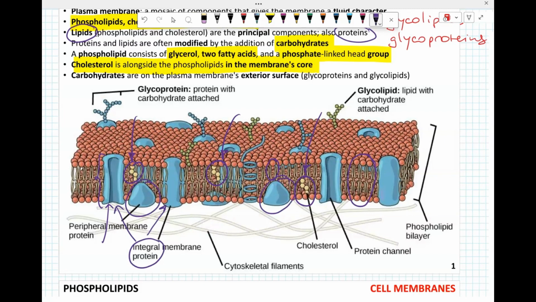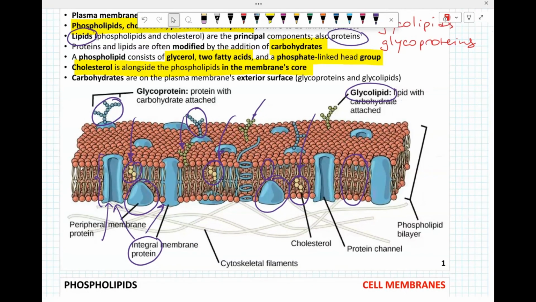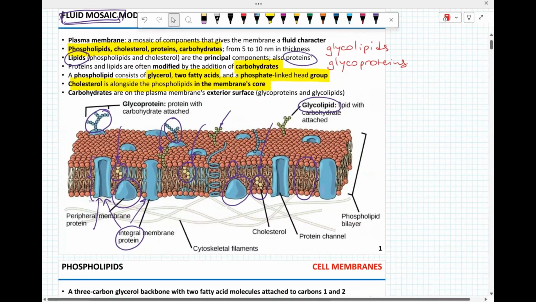You can also see that some lipids are modified by the addition of carbohydrates forming glycolipids, and many proteins also carry carbohydrate residues which are essential for these proteins' structure.